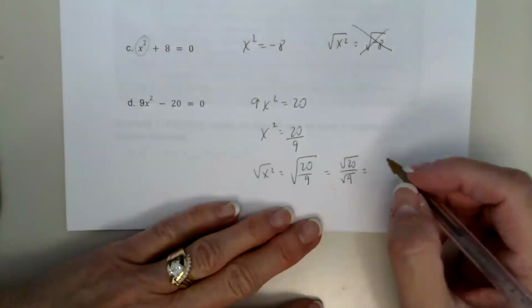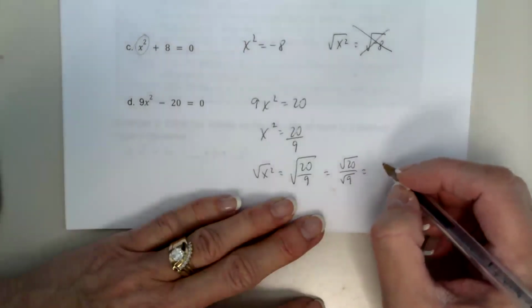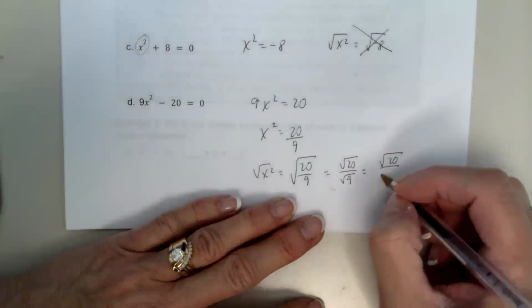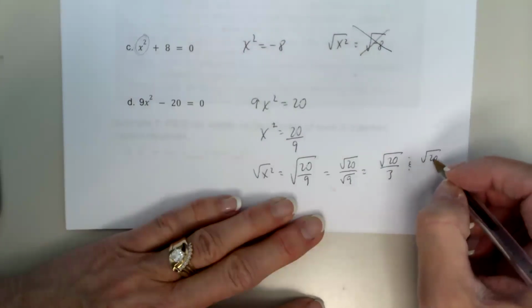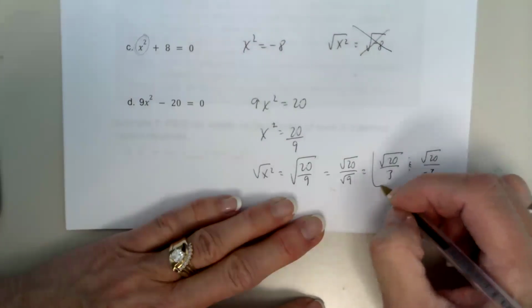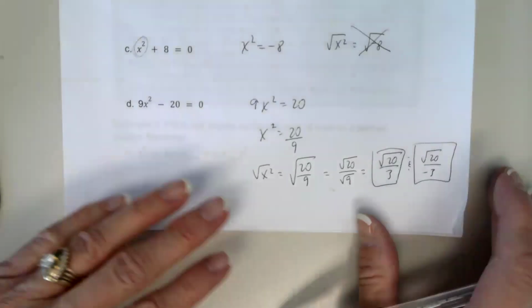And that gives me the square root of 20 over 3 and the square root of 20 over a negative 3. Because remember, the square root of 9 could be a plus or a minus 3.